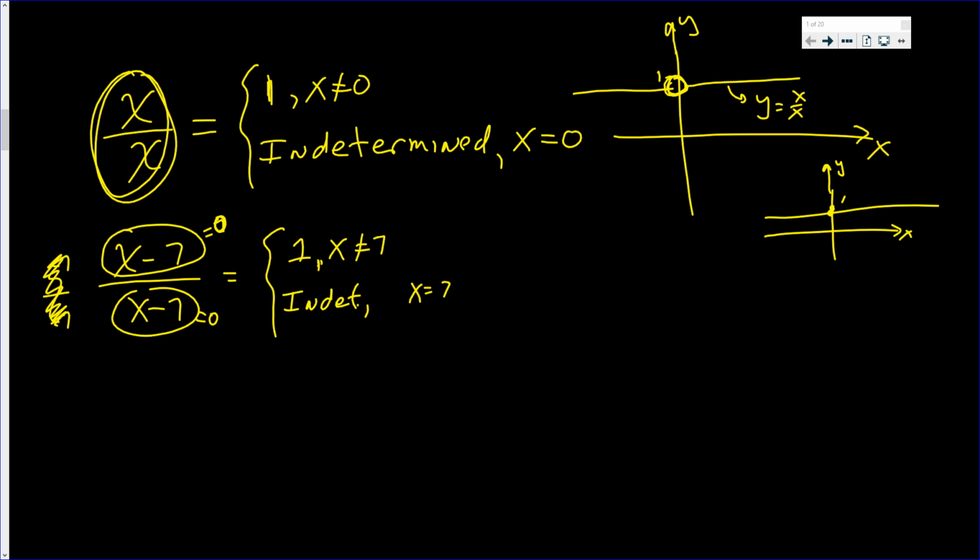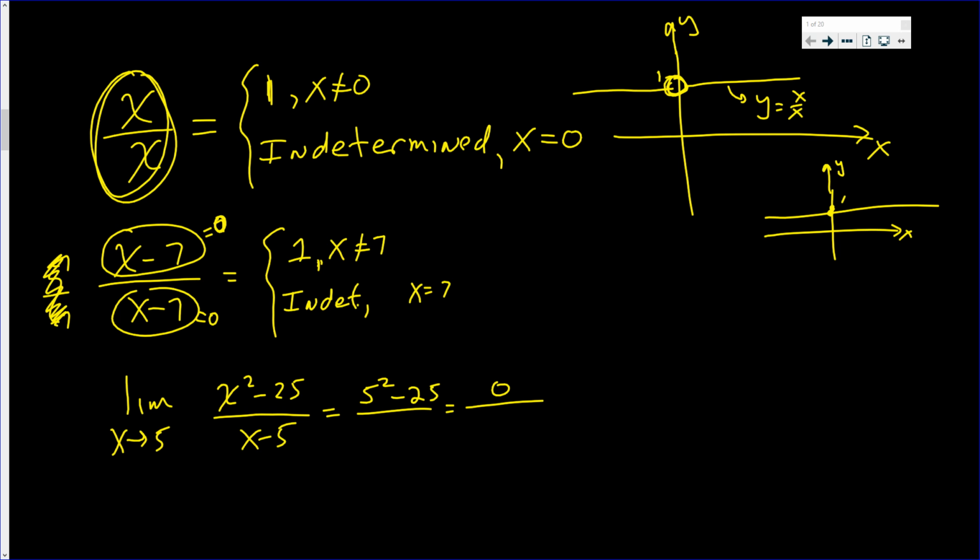Okay. So this should help us in the next problem. We have the limit as x goes to 5 of x squared minus 25 over x minus 5. If you substitute, you get 5 squared, which is 25 minus 25. That's 0. And in the bottom, 5 minus 5 is 0.